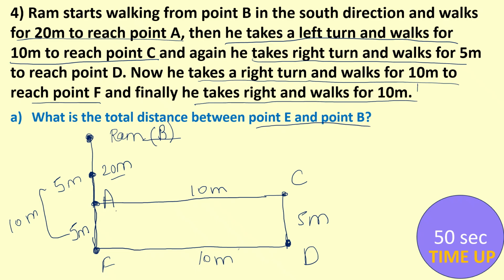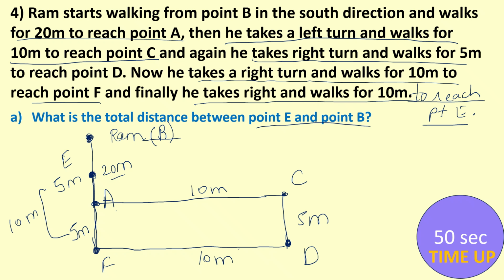Here it should be "to reach point E". So students, here it is slightly different. I had not added "to reach point E". It's my bad. Sorry for that. Okay, so this is point E. This is the destination.